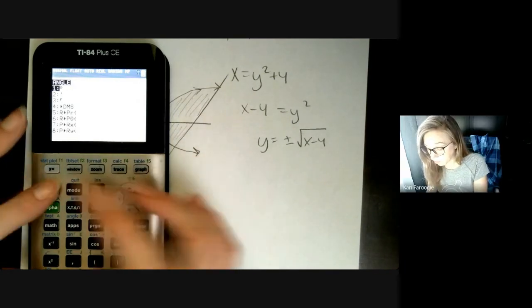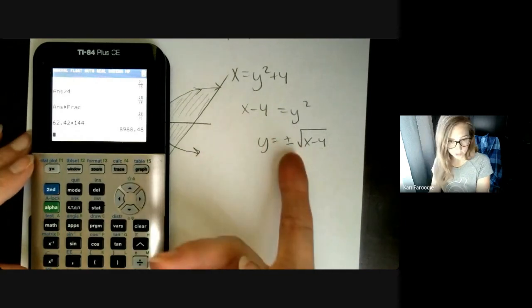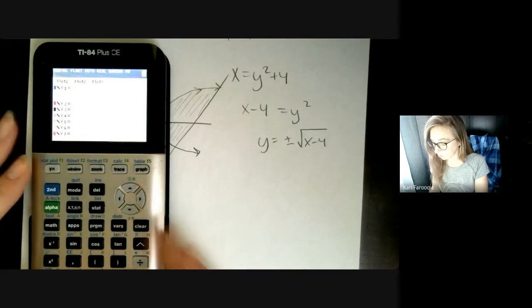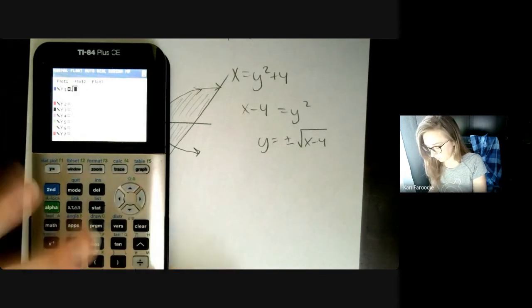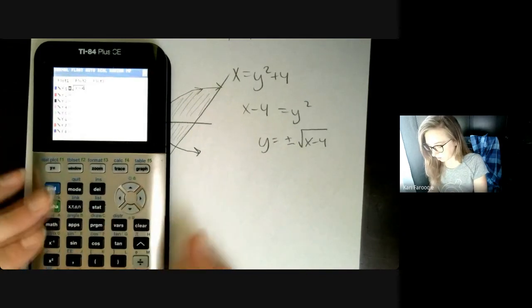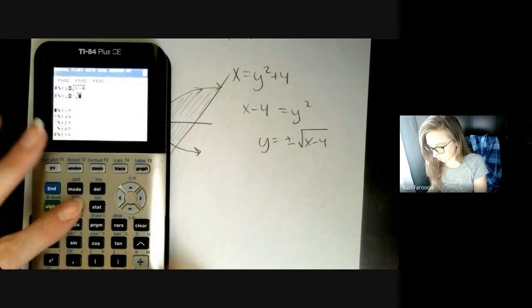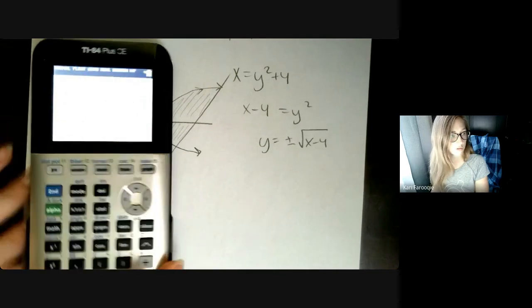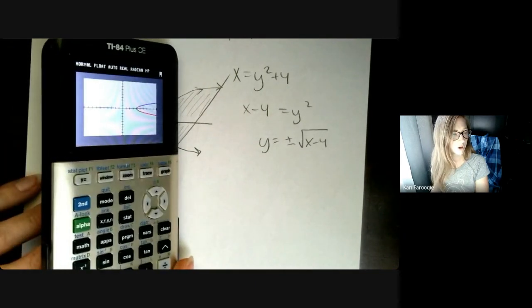Well, if you don't remember the plus or minus anyway, you wouldn't even know to enter it using the button. So if you were going to graph that, you would have to just say square root of x minus 4 and then negative square root of x minus 4. And then you would just graph it in those two different parts.